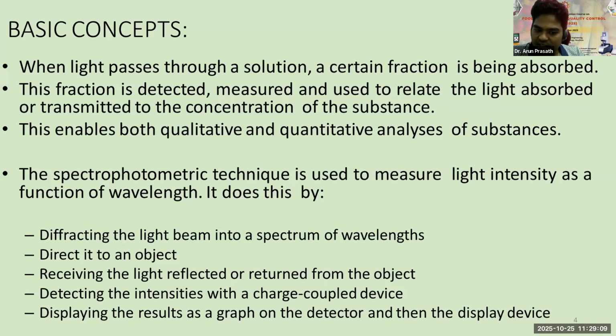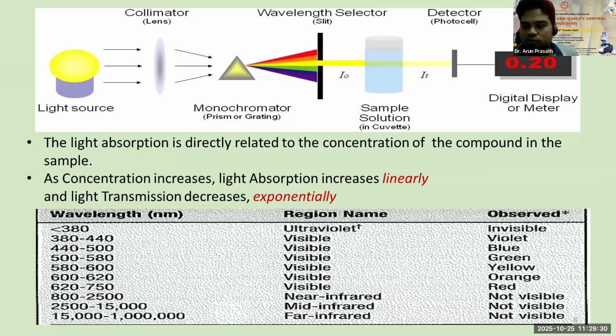Then we receive the light reflected or returned back from the sample, detect the intensity with charge-coupled devices, display the results in a graph on a detector, and then it goes to the display device.